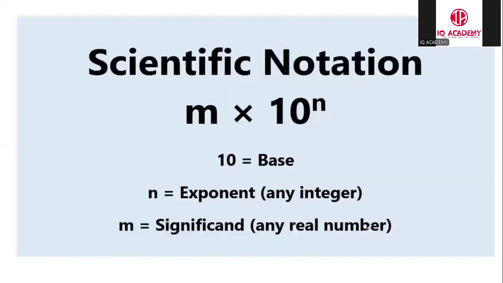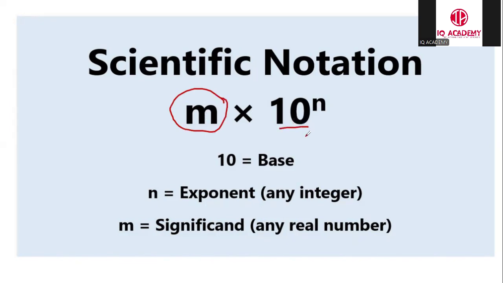So now we move on. Oh, I forgot to explain the representation there. The scientific notation will always have the significant number, which should be greater than 1 but less than 10, and then multiplied by 10 to the power n.